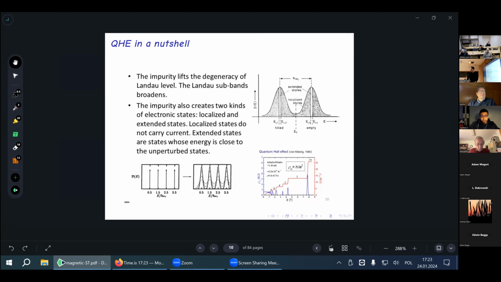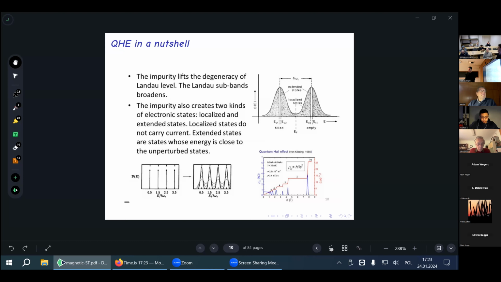Because of the impurity, there are certain states of the system which are localized and which fill the gap between two Landau levels. You can interpret this peak as a Landau level of the system. This allows the density of states to change, in some sense continuously, without changing the conductivity. The conductivity just jumps when I jump a Landau level.